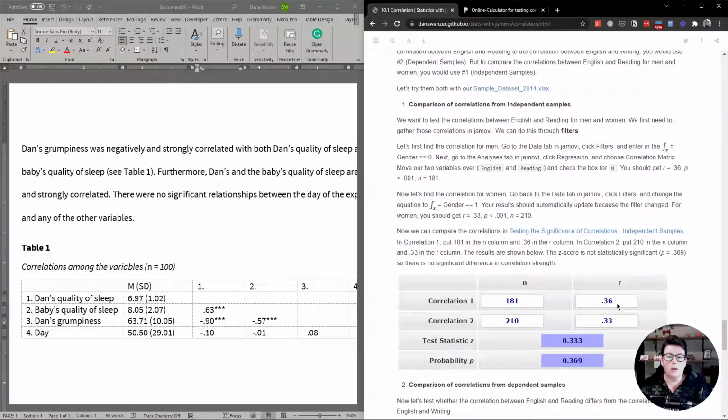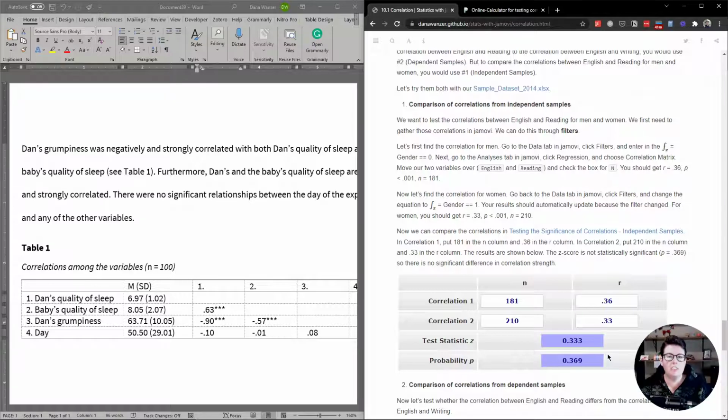For men, we'll just assume, the correlation between English and reading scores is 0.36. And for women, the correlation is 0.33. And the question is, is this statistically significantly different, given our sample sizes and the strength of correlation? In this case, no, it is not.